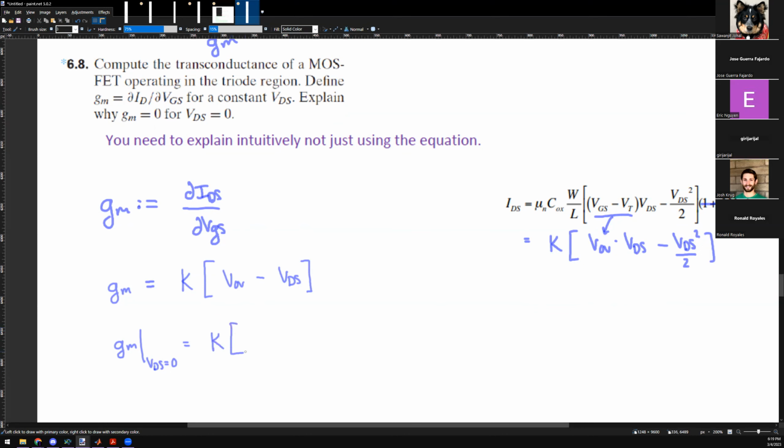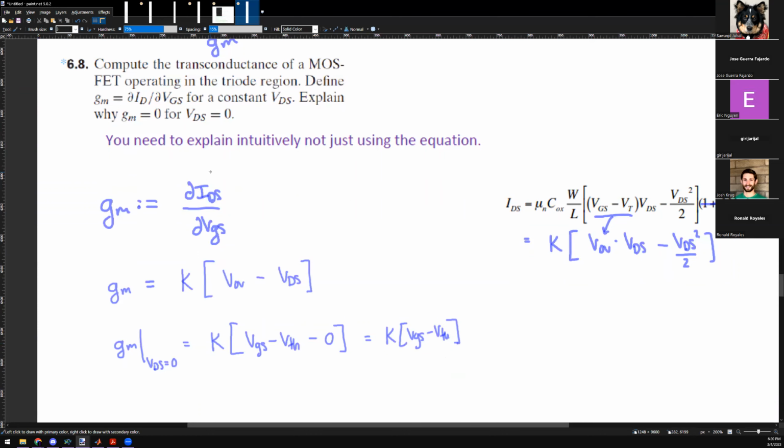I also thought of plugging it in, and that actually gives you 0, but that makes no sense. No, hold on, minus VDS, VDS is equal to 0, right? So isn't this just still K times VGS minus VTH? What are they saying here?